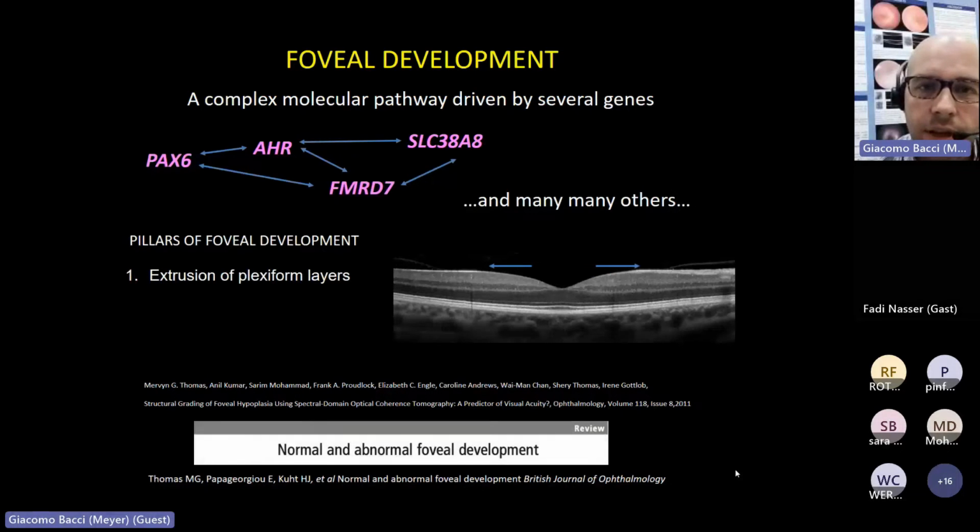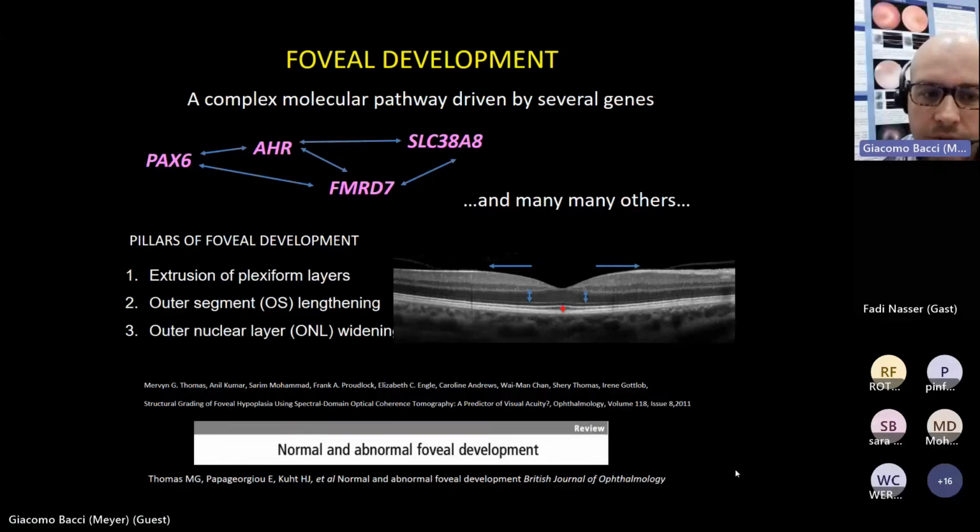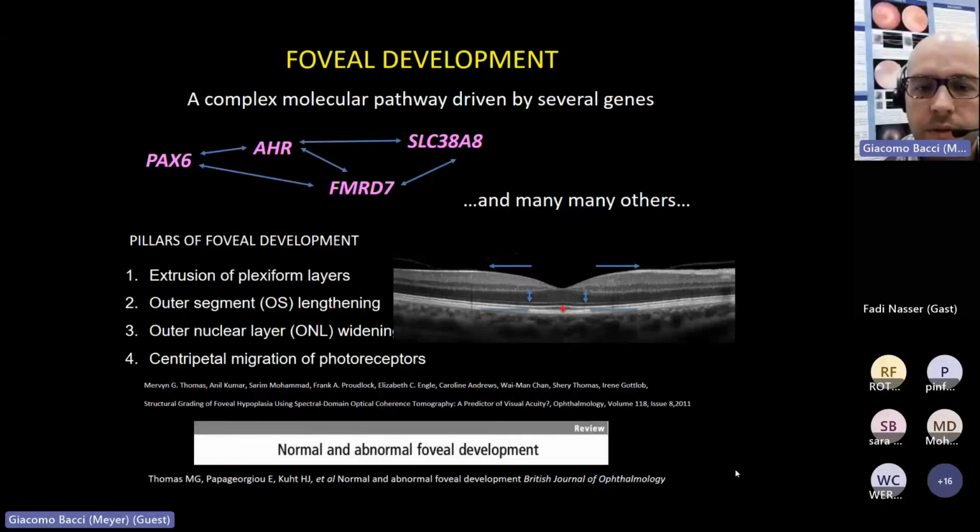The first is the extrusion of the plexiform layers from the foveal zone, then the lengthening of the outer segment of the receptors, the widening of the outer nuclear layer, together with the centripetal migration of the photoreceptors. Respect for all of those pillars leads to a normal foveal development.